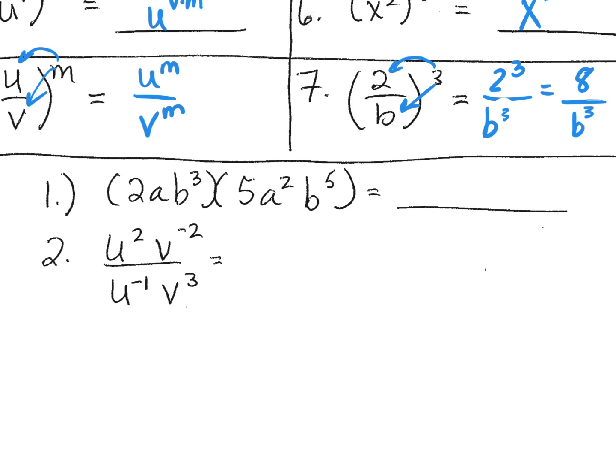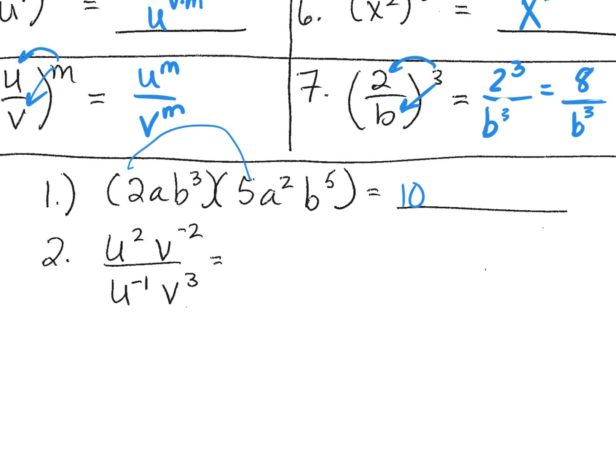All right, so how do I work example 1 here? Well, obviously the parentheses mean we're multiplying, don't they? So we got to multiply anything we can multiply. So start with the numbers first. What's that going to give me? 10. Now, a and a squared is going to give me what?